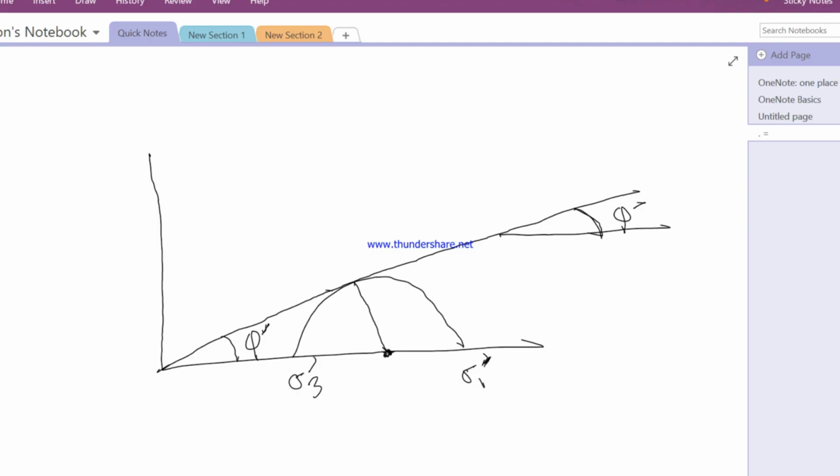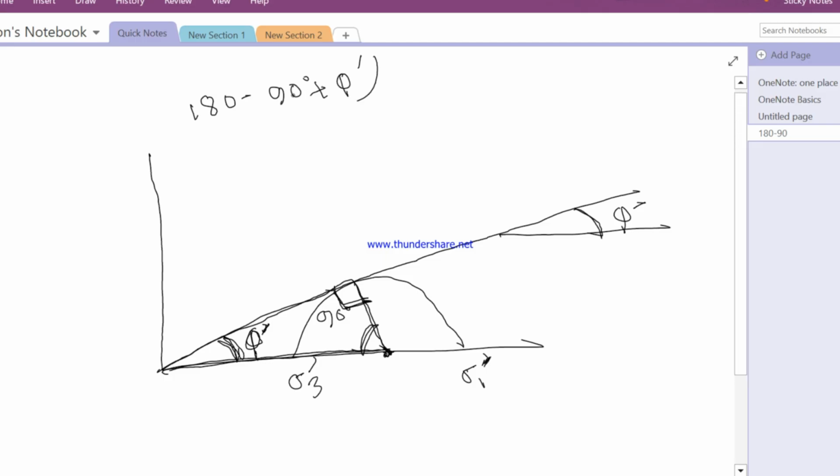It creates a triangle here. This is 90 degrees, and this is phi prime. So this value will be 180 degrees minus 90 degrees plus phi prime, which is 90 degrees minus phi prime.